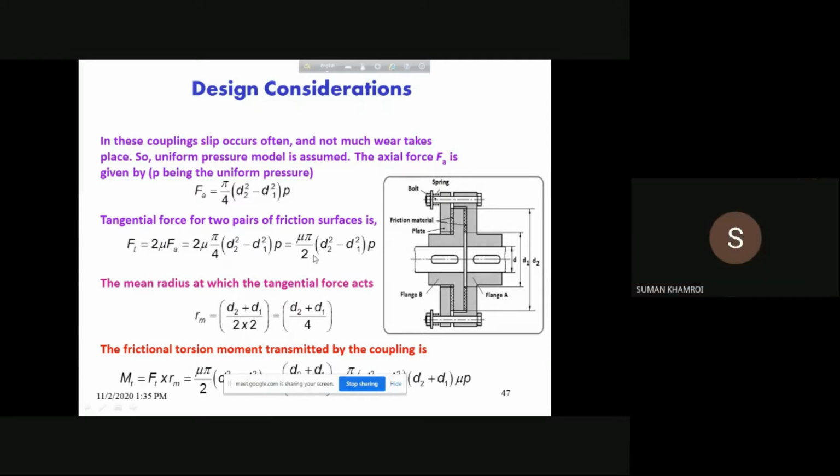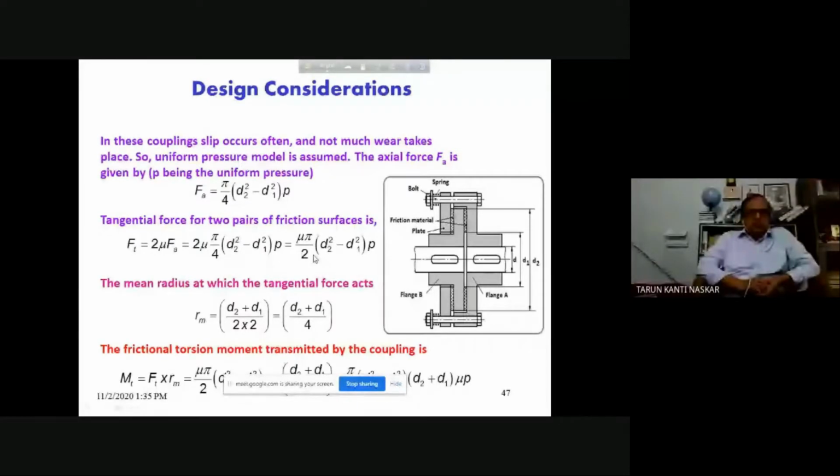You just see that Mt is equal to Ft multiplied by Rm, and the expression of Ft you just see in the second equation, and there is an expression of Rm, and you multiply Ft by Rm, then there is the expression for Mt. So that Mt is the frictional torsion moment transmitted by the coupling.